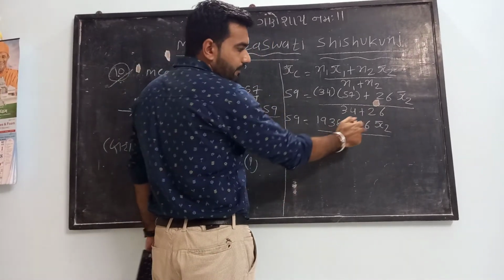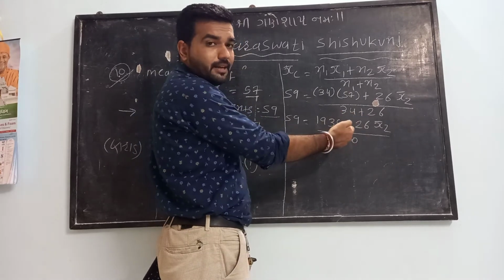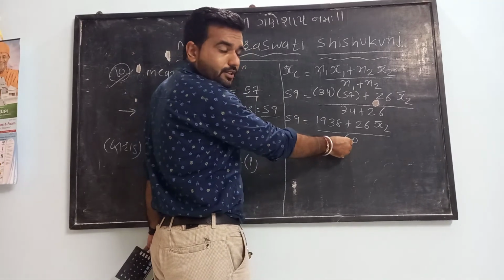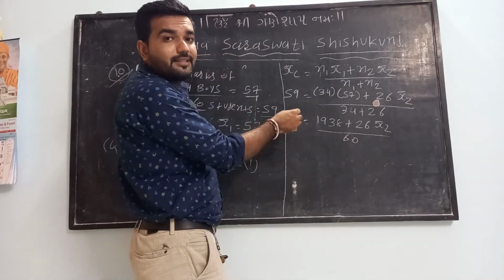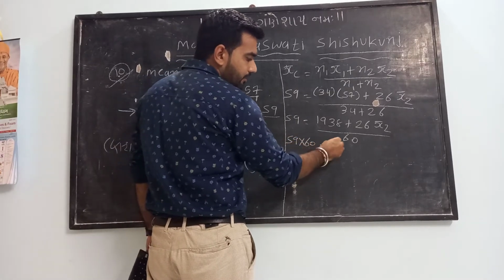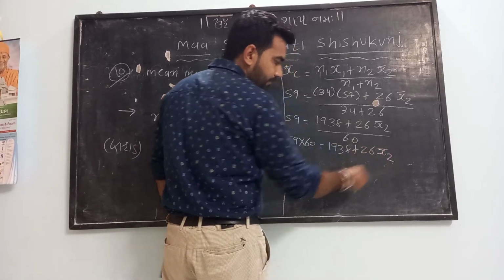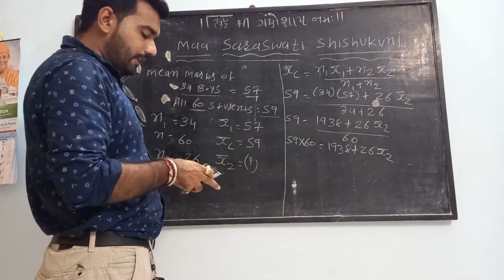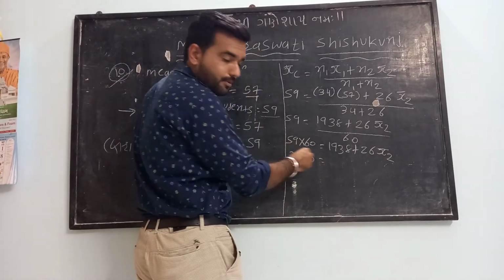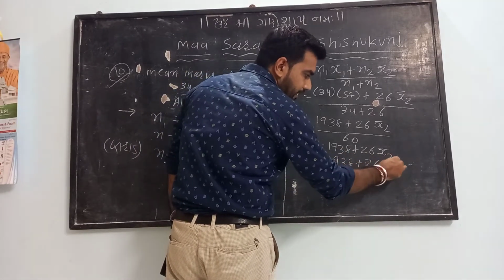Here we are finding x bar 2. Whatever is in the denominator, we take to the opposite side: dividing by 60 becomes multiplying by 60. So 59 multiplied by 60 is equal to 1938 plus 26 x bar 2. 59 multiplied by 60 is 3540. So 3540 is equal to 1938 plus 26 x bar 2.